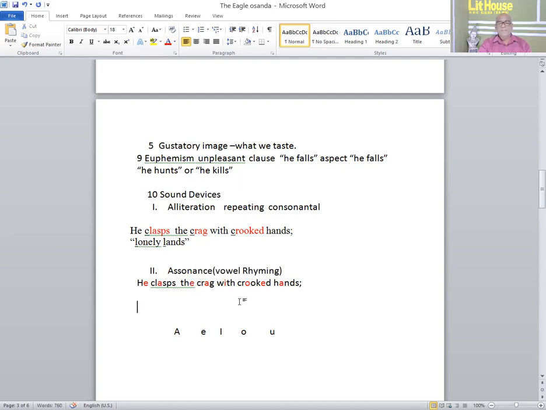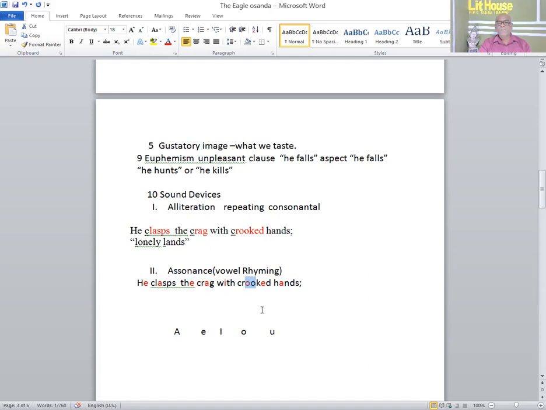E. What is the sound? A. What is the vowel letter here? A. What is the sound? A. What is the vowel letter here? I. What is the sound? E. Now there is a double vowel letter.